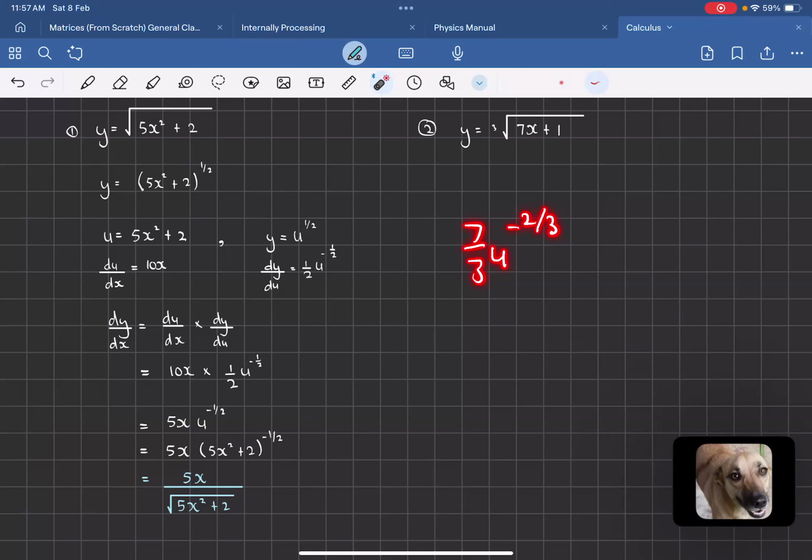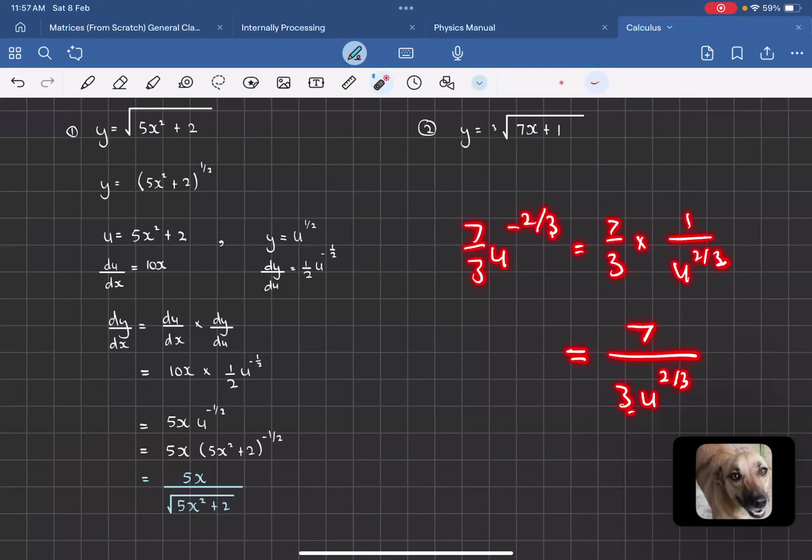Right? So imagine you have 7 over 3, u to the power minus 2/3. And so I could write that as 7 over 3 multiplied by 1 over u to the power 2/3. So then the top would multiply by the top with 7 by 1, 7. And the 3 would multiply by the u. So that'll be 3u to the power 2/3.